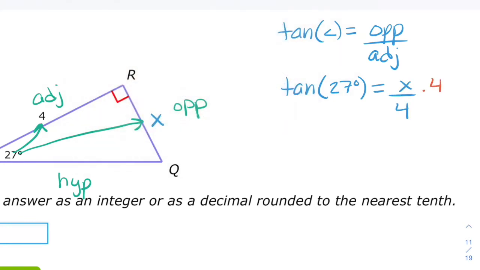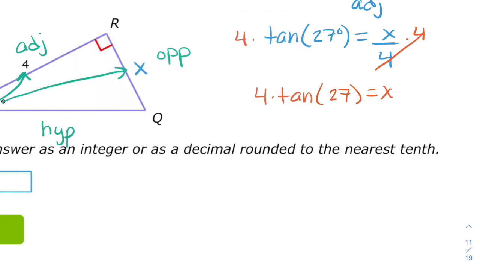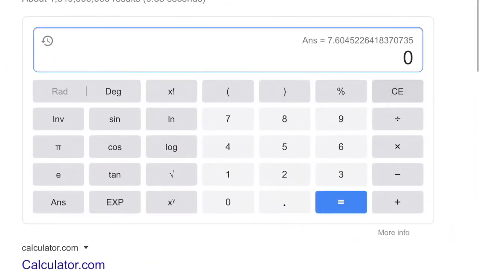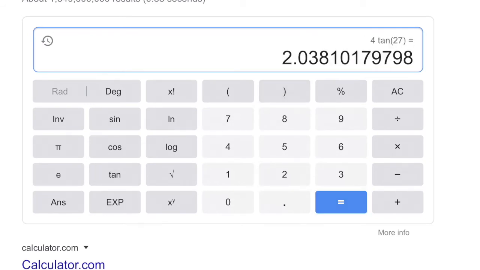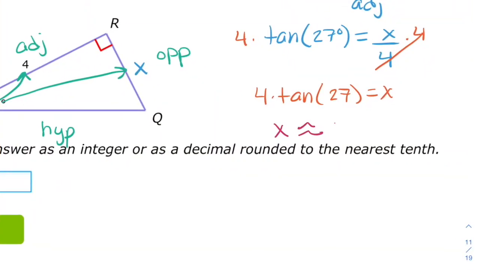Multiply both sides by 4. So 4 times tangent of 27 equals x. And we're going to get x approximately equals 4 tangent 27, which is 2.0381.